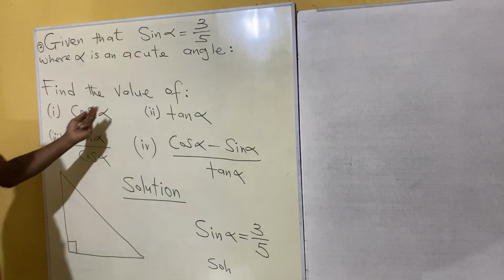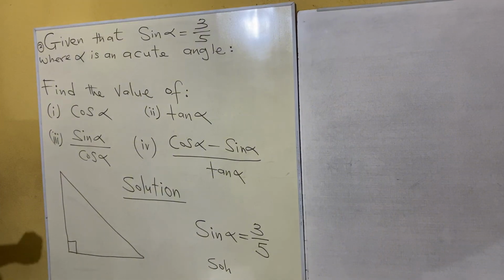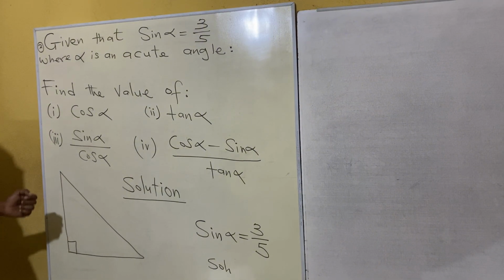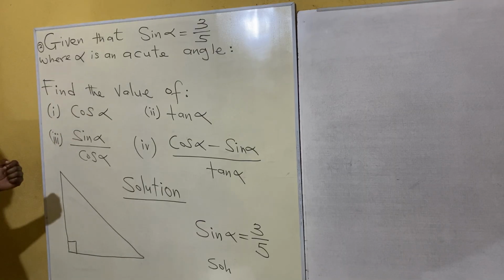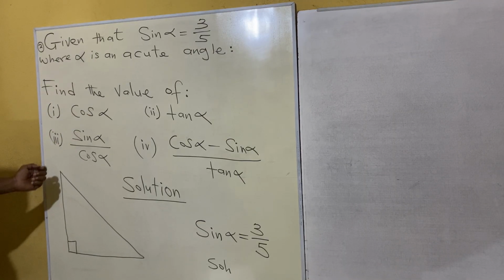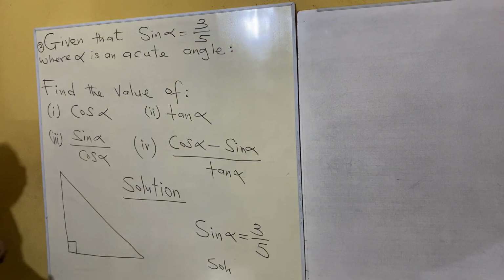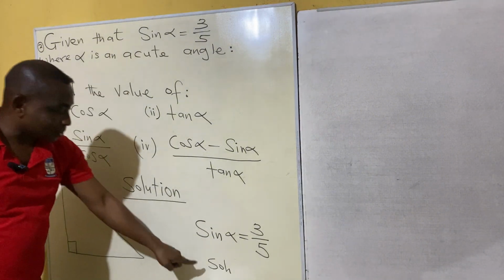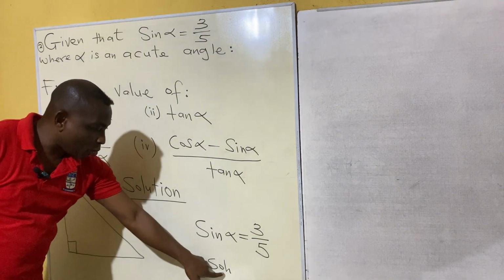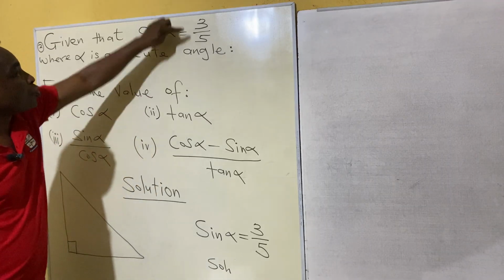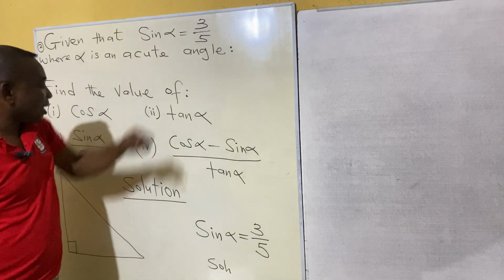We have been given sine alpha to be 3/5. In this type of questions, you can only solve by drawing the right-angled triangle and then calculate for all the sides. So let us draw the right-angled triangle, which I have done on the board. So sine is equal to, as we know, opposite over hypotenuse. So the 3 is the opposite.